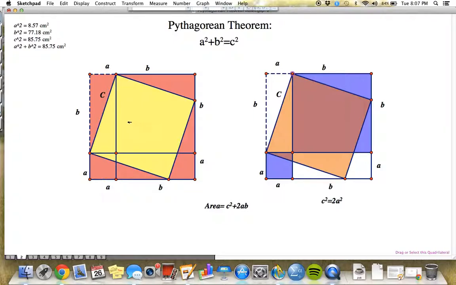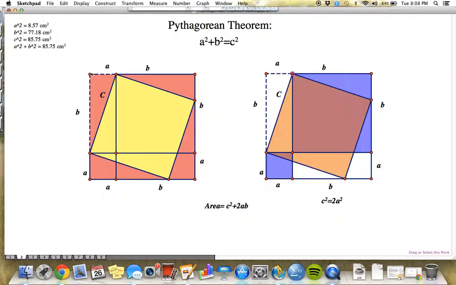Well, probably the first thing and the most obvious thing is that c squared is somewhere in there, right? Because we have our square again with side length c, and we're very comfortable finding the area of a square and knowing that it's c squared, given that the length is c. Now looking over here, we see that we have a rectangle, AB, in which the pink or salmon covers exactly 1/2 of that rectangle AB.